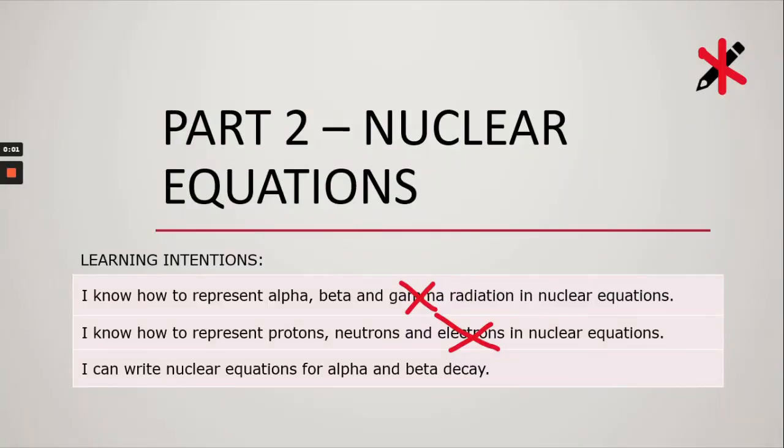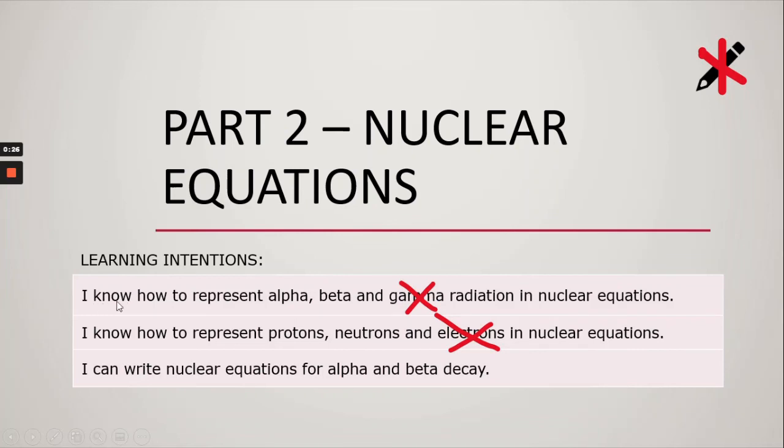Okay, I'm just going to conclude this video with a quick recap of the learning intentions. So we were looking at nuclear equations, and those of you with good attention to detail might have noticed that we forgot a couple of these learning intentions. These were in here because technically they are in the course specification, but actually they're not necessary to know. They will never come up. So we won't need to know how to represent gamma radiation in nuclear equations.